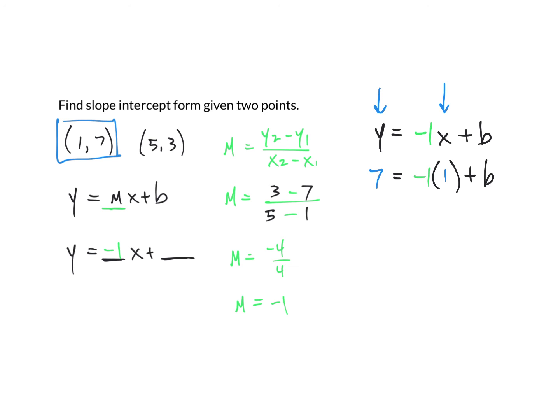So 7 is equal to negative 1 times 1, which is negative 1, plus b. To get b all alone here, I'm going to add 1 to both sides, leaving me with 8 is equal to b. So I'm going to use that value and plug that back into my equation. So my final equation is y is equal to negative x plus 8.